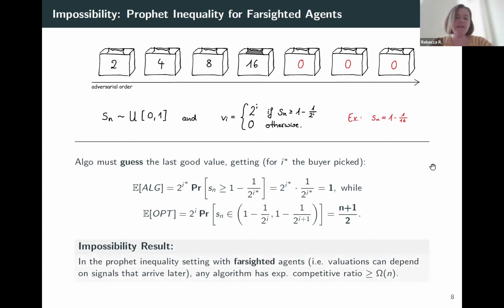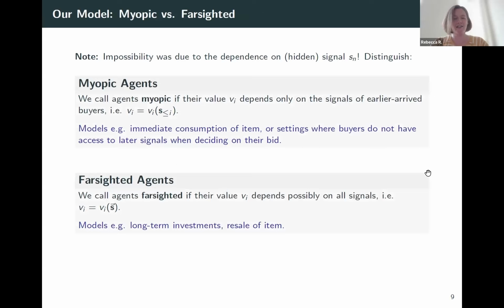And it sounds pretty discouraging to have this impossibility result, but there's not really reason to give up. We just take this as a good motivation to actually consider different scenarios.